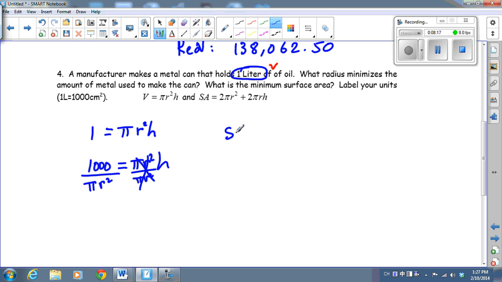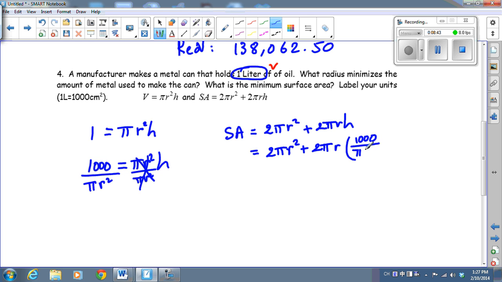Now, if I'm looking for the surface area, here is 2 pi r squared plus 2 pi r h. I'll go ahead and replace h by its value, and this will give me 2 pi r squared plus 2 pi times the radius times 1,000 over pi r squared.